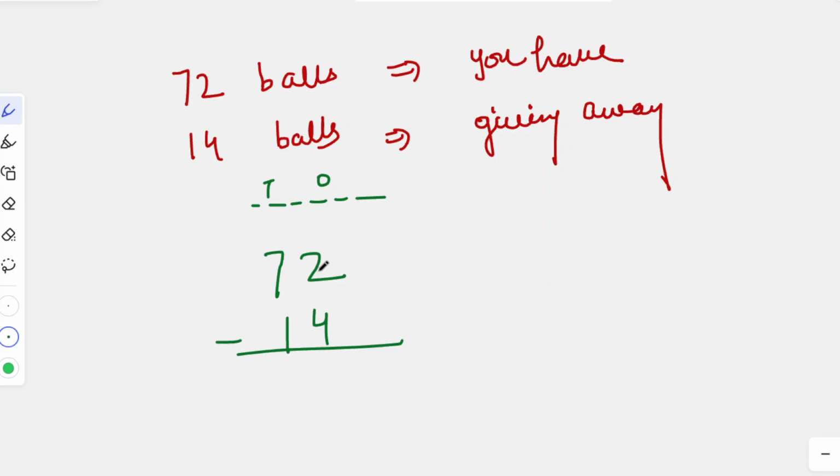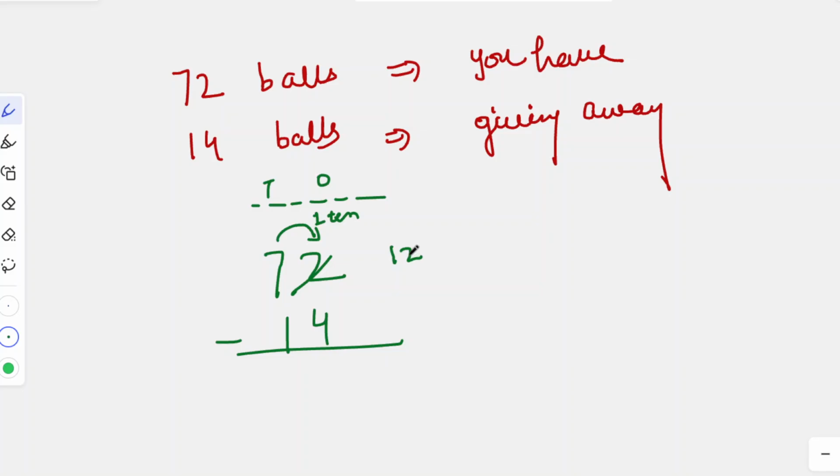So 2 is smaller here. It needs to borrow so that the subtraction happens. So it will borrow from its neighbor on the left. And what do we borrow? We borrow 10. So this 10 when added to this, it becomes 2 plus 10, 12.